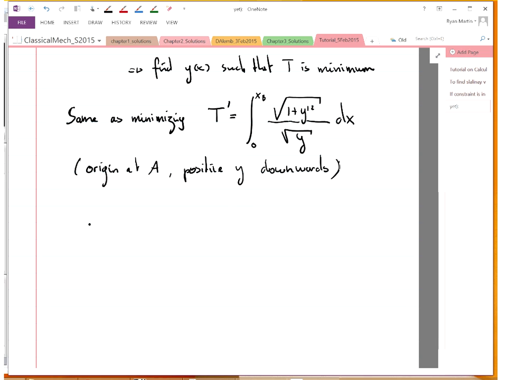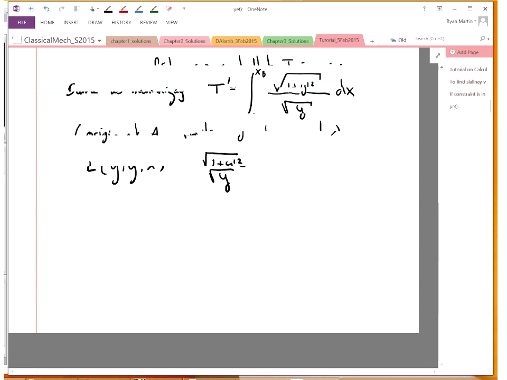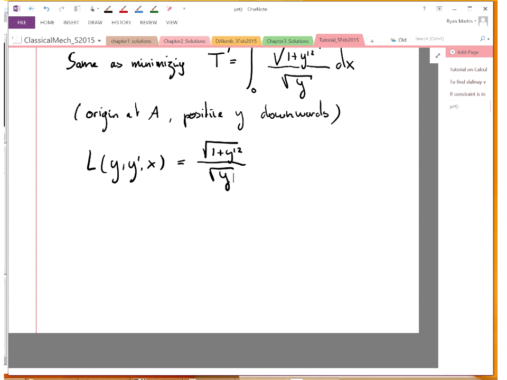So what this means is that we have our function L of y, y prime, x equal to the square root of 1 plus y prime squared divided by the square root of y. In principle, the function y is given by the Euler-Lagrange equation.